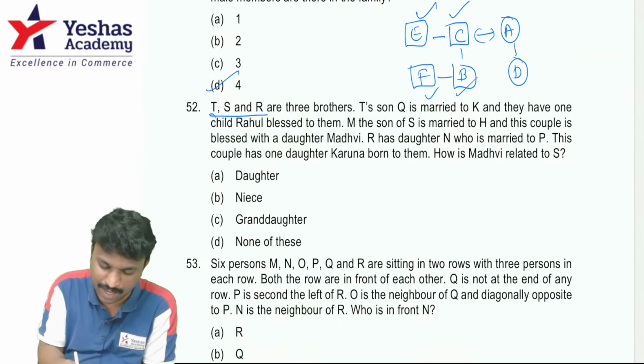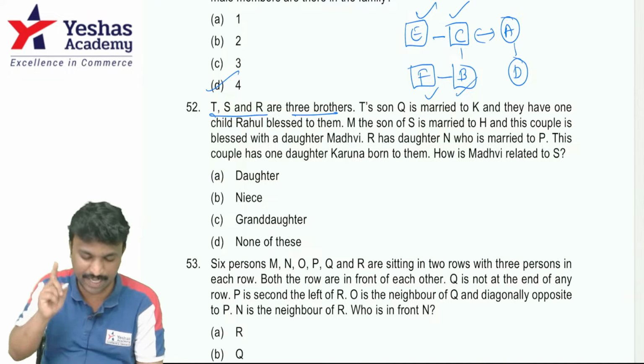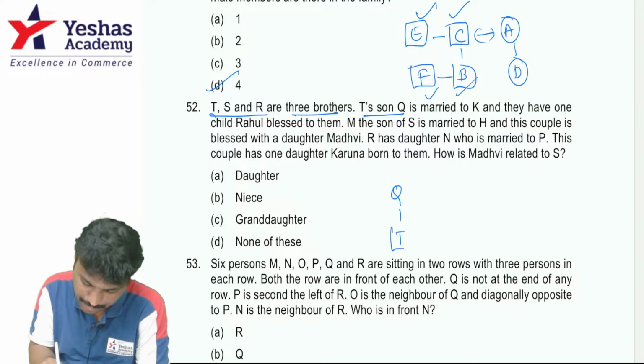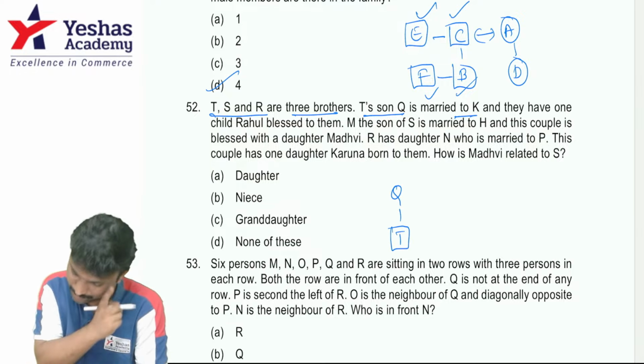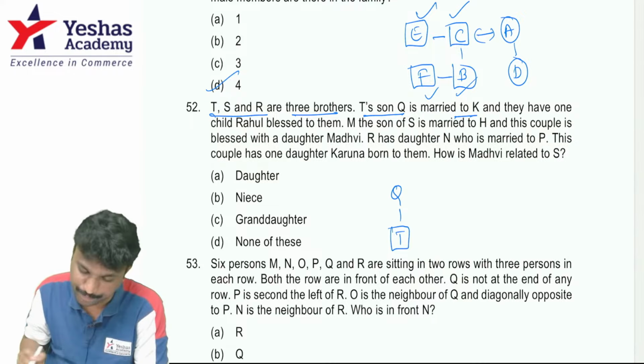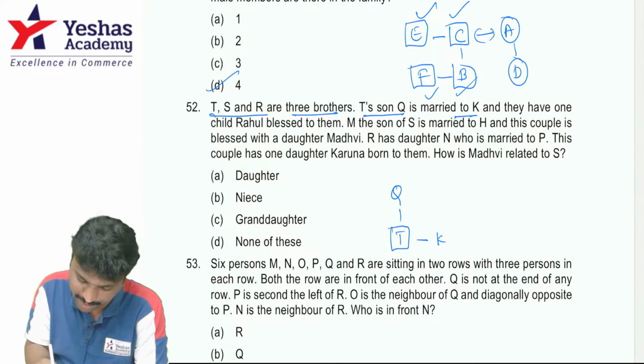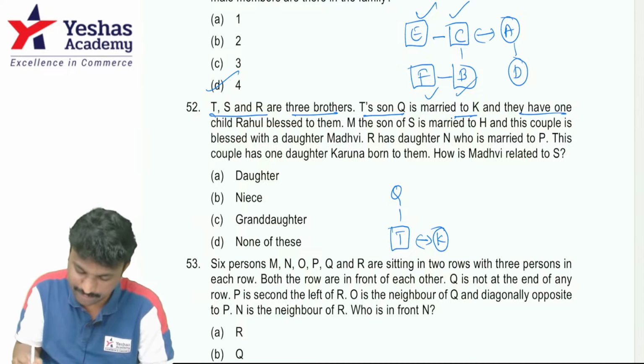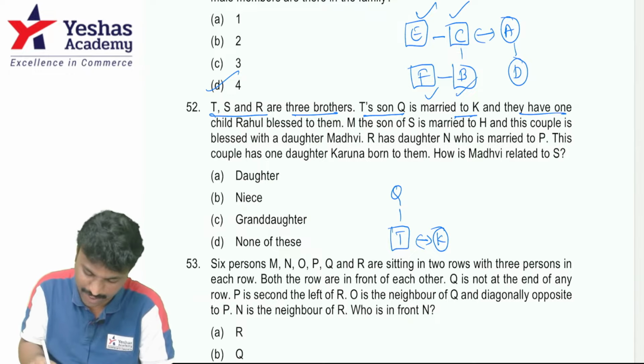T, S, and R are three brothers. T is son of Q, married to K. So T is married to K, right? And they have one child, Rahul.